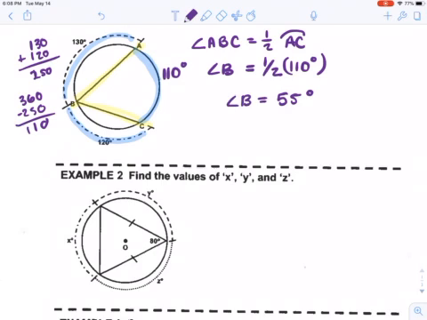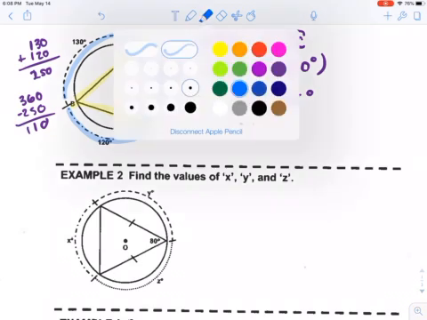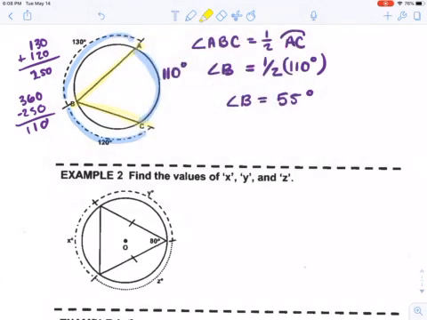Notice here we have a triangle inscribed in a circle. Something else you need to notice about this triangle is that it's an isosceles triangle. So this inscribed angle needs to be congruent to that inscribed angle because isosceles triangles have two congruent base angles.